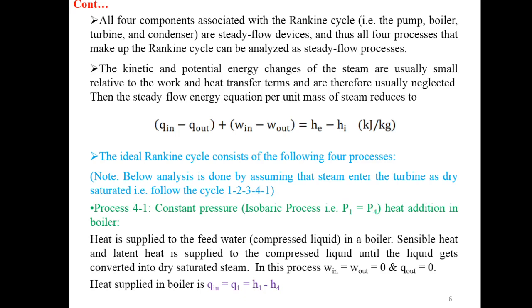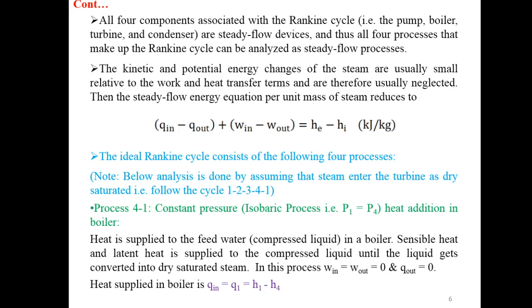The kinetic and potential energy changes of the steam are usually small relative to the work and heat transfer terms and are therefore usually neglected. Then the steady flow energy equation per unit mass of steam reduces to heat in minus heat out plus work in minus work out equal to enthalpy associated with the exit steam minus enthalpy associated with the inlet steam.